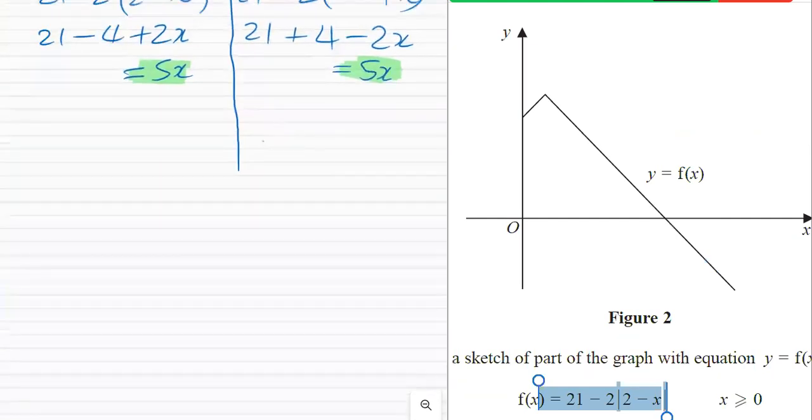The temptation would be just to solve for this and get two answers for x and be done with the question. That's not wrong, but I'll show you why it doesn't work.